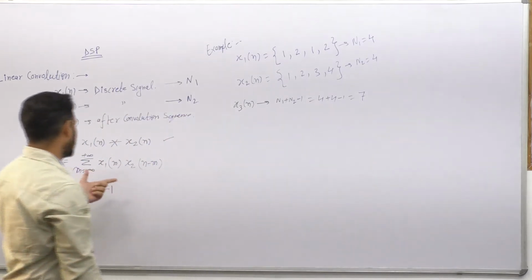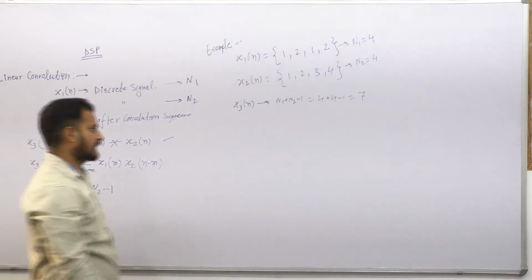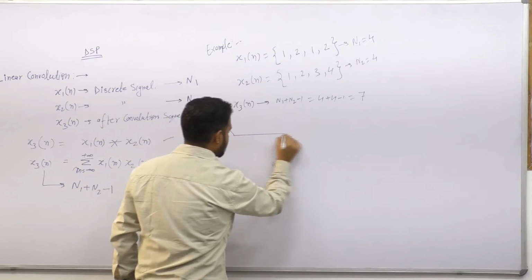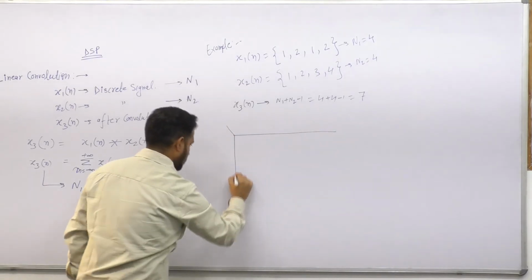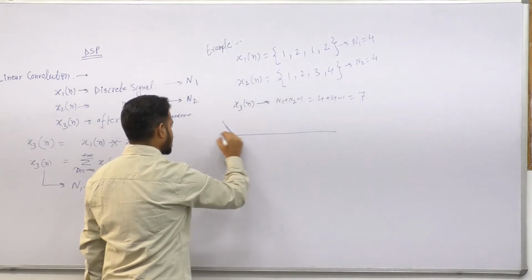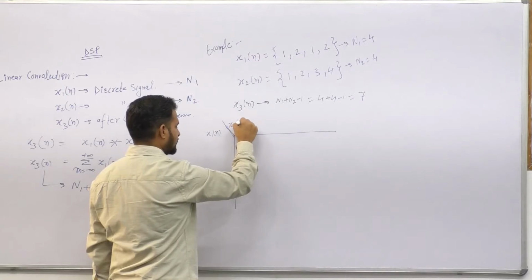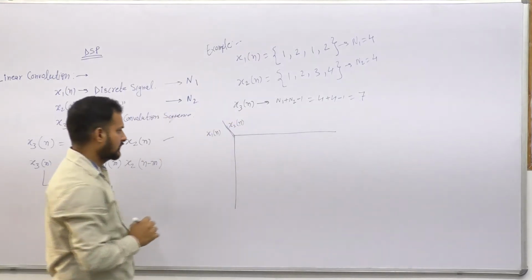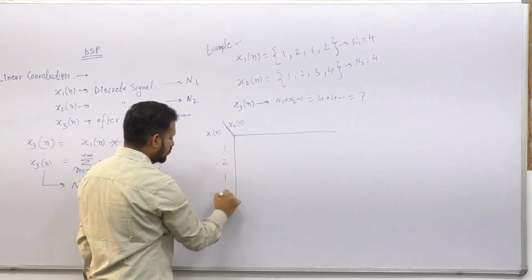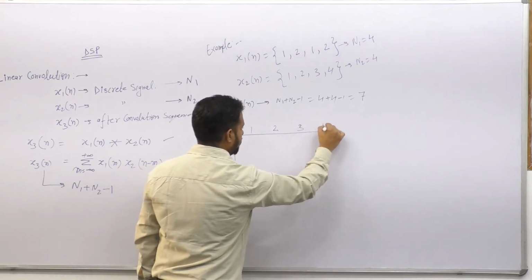We will apply this formula, and we represent it in terms of a matrix. On one side we represent x1(n), and on the other side we represent x2(n). x1(n) is 1, 2, 1, 2, and x2(n) is 1, 2, 3 and 4.